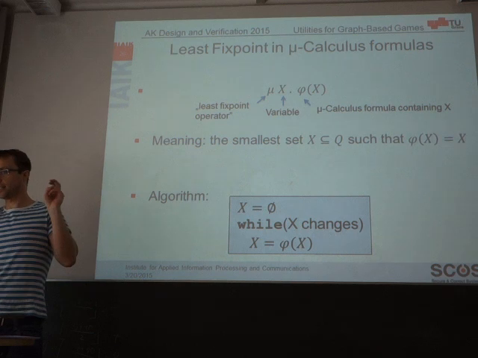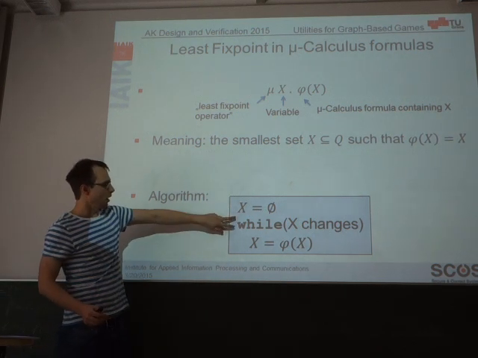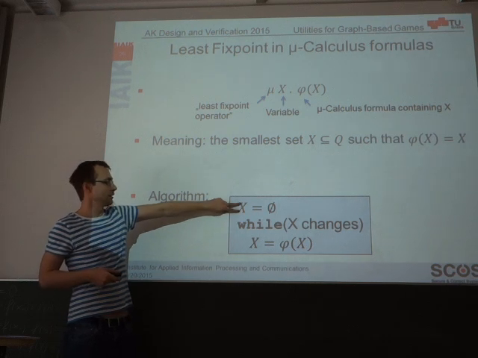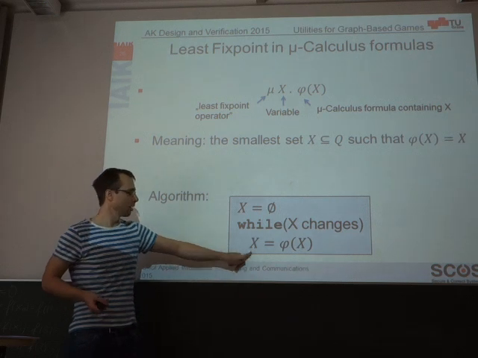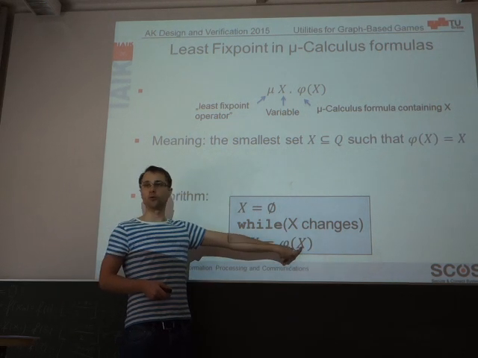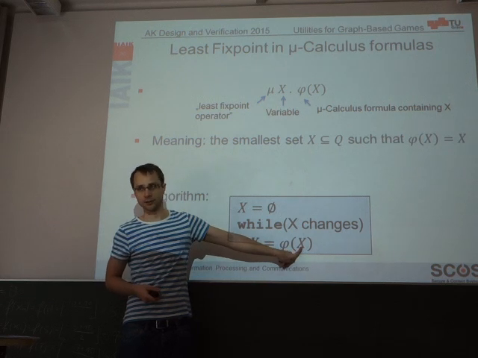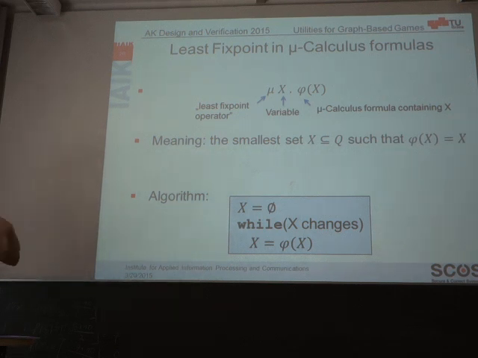So the smallest set of states is clearly the empty set. And while our set of states x changes, we compute the new set of states x by evaluating our formula phi on the old set of states x. And this we repeat until nothing changes anymore, and then naturally we will obtain a fixed point for this formula.